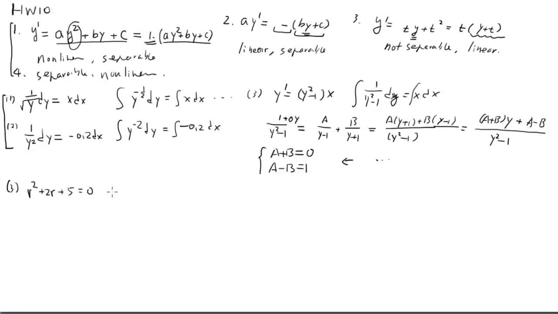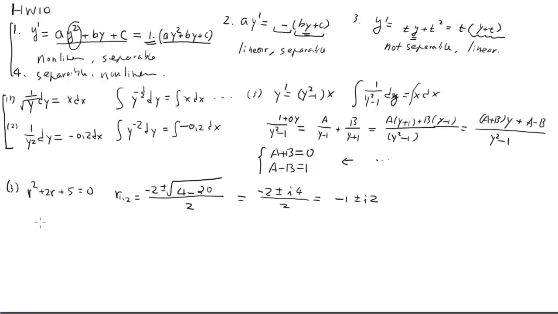And we can simply use the quadratic formula, and r1,2 is -2 plus minus root of 4 minus 20, divided by 2, and we have -2 plus minus 4i over 2, and then we have 2 roots, and it's -1 plus minus 2i.